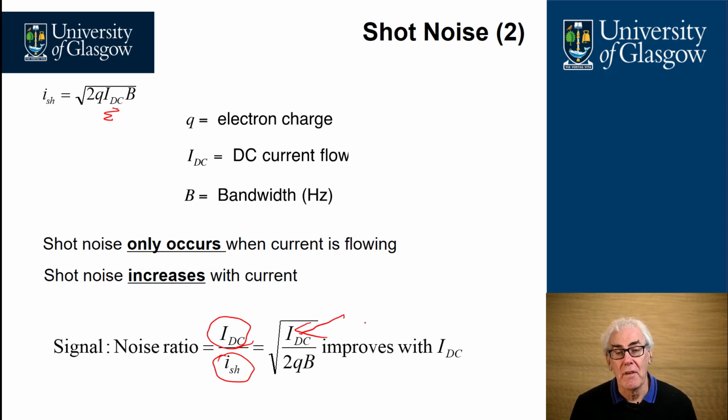So you can improve the performance of your amplifier by running them with higher currents. And that's one of the techniques you would use in the design of the input stage of an amplifier.